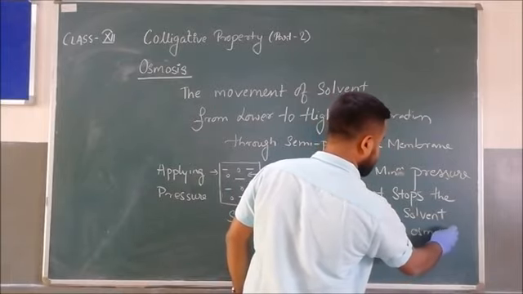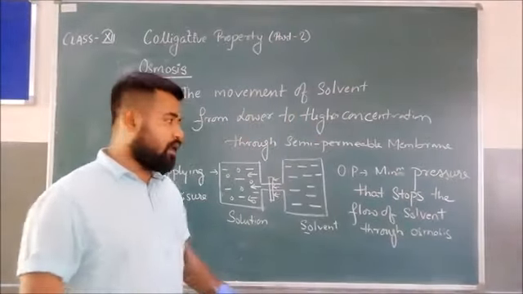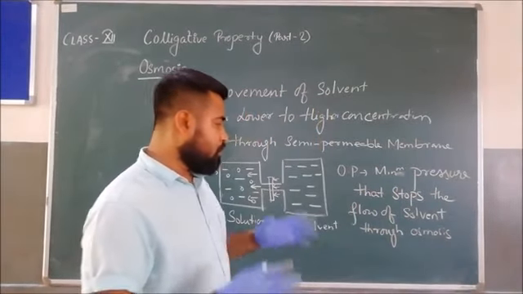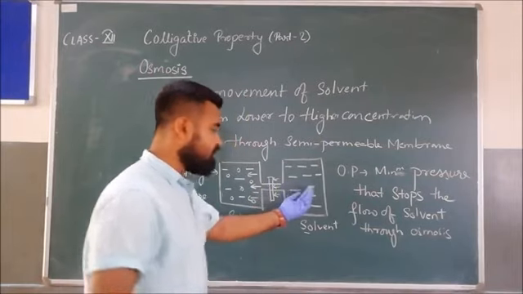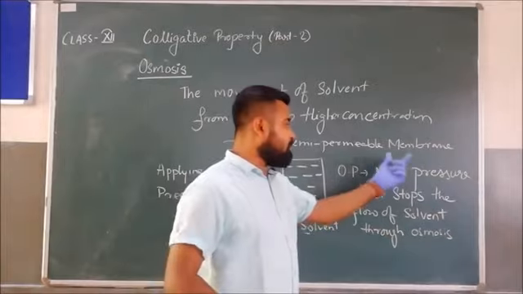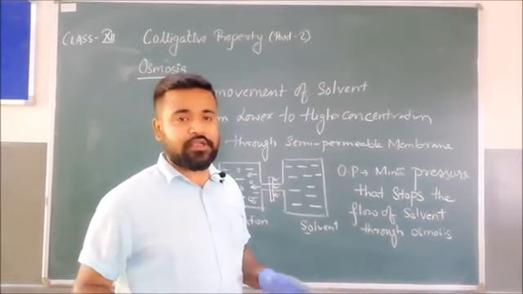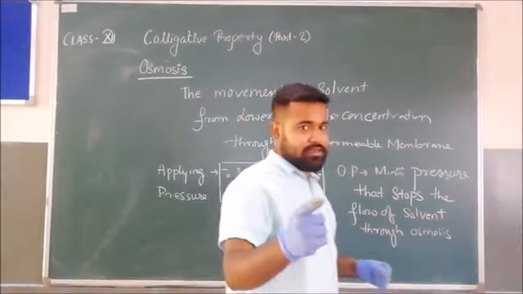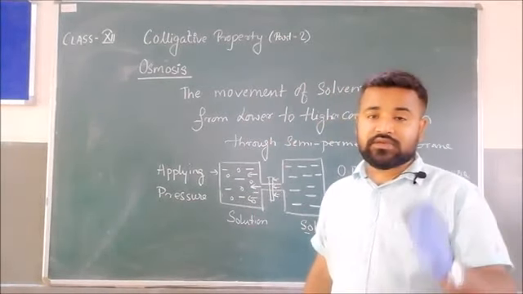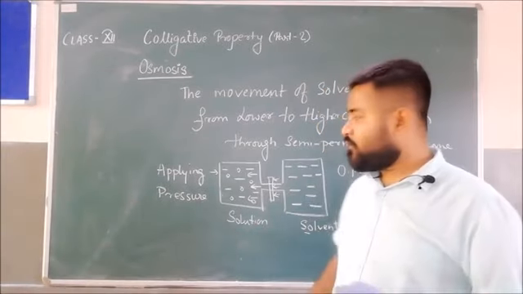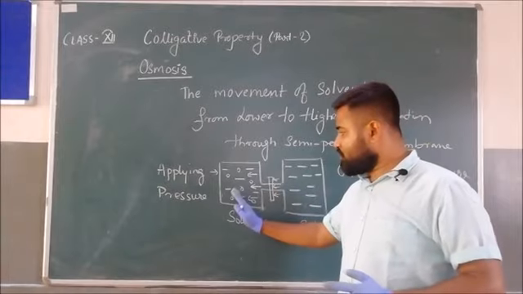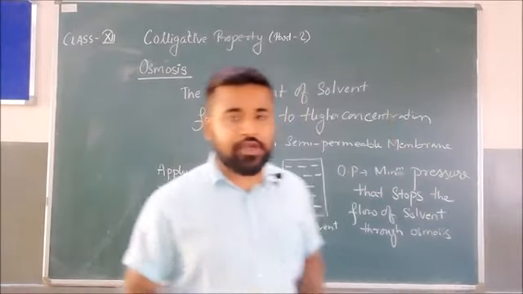Through osmosis whatever solvent is moving will stop, and that particular pressure is called osmotic pressure. So write the definition: the minimum pressure that stops the flow of solvent from the solvent side to the solution side is known as osmotic pressure.